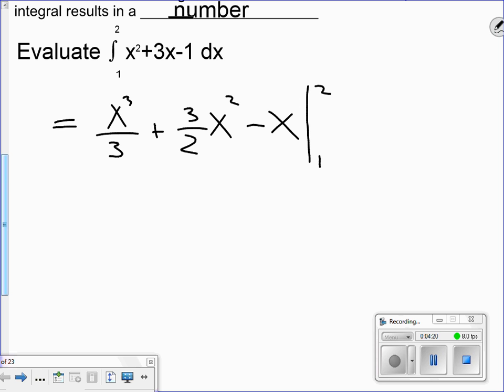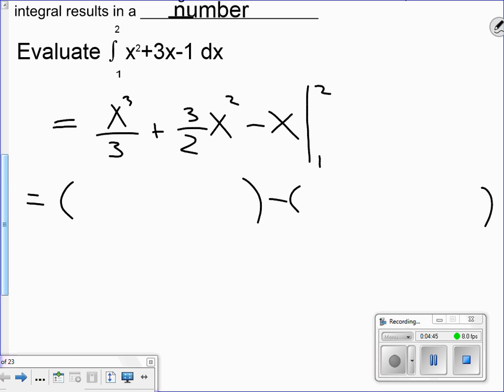I like to set it up as two sets of parentheses so I don't forget to distribute. Who's going in there first, the 1 or the 2? 2. Correct. On the calculator, you do the lower first, but by hand, with the fundamental theorem of calculus, the upper first.